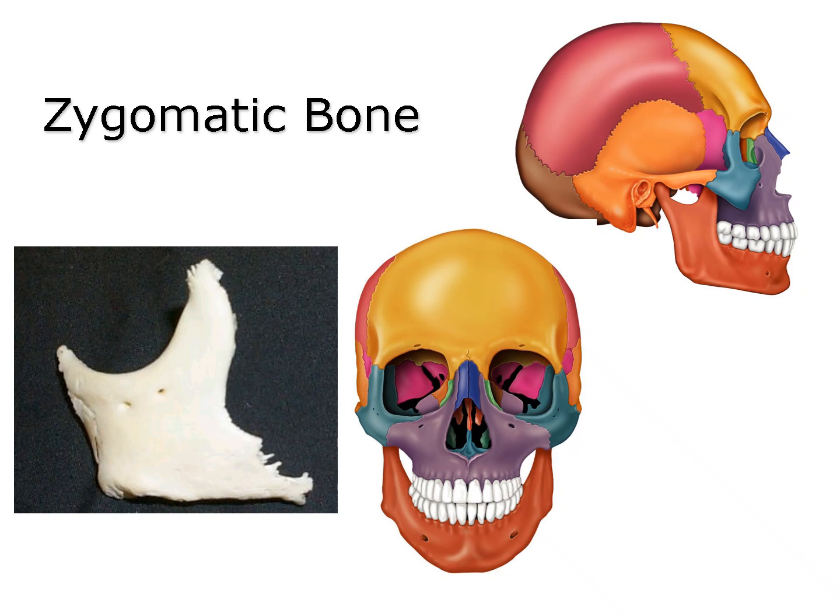The zygomatic bones articulate with the frontal, maxillary, sphenoid, and temporal bones. The temporal process of the zygomatic bone projects posteriorly and articulates with the zygomatic process of the temporal bone, forming the zygomatic arch. Zygomaticofacial foramen transmits the zygomaticofacial nerve and vessels.